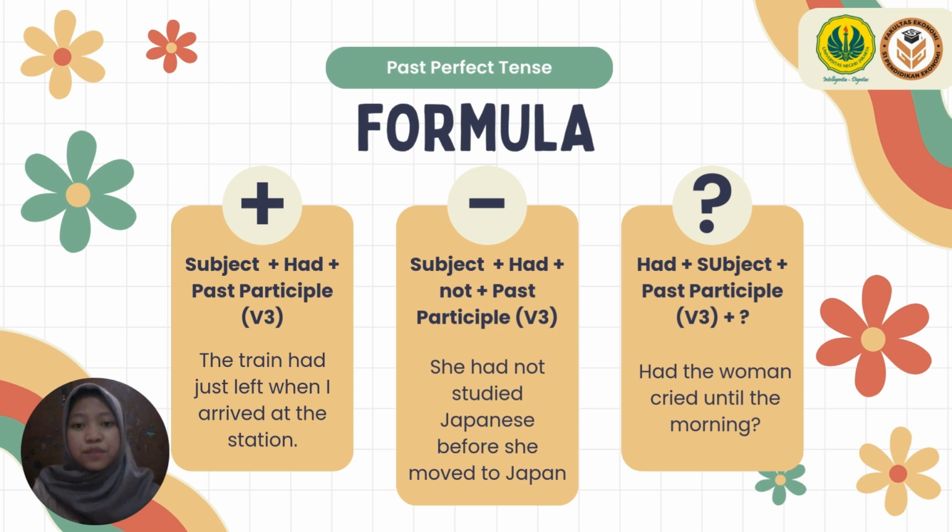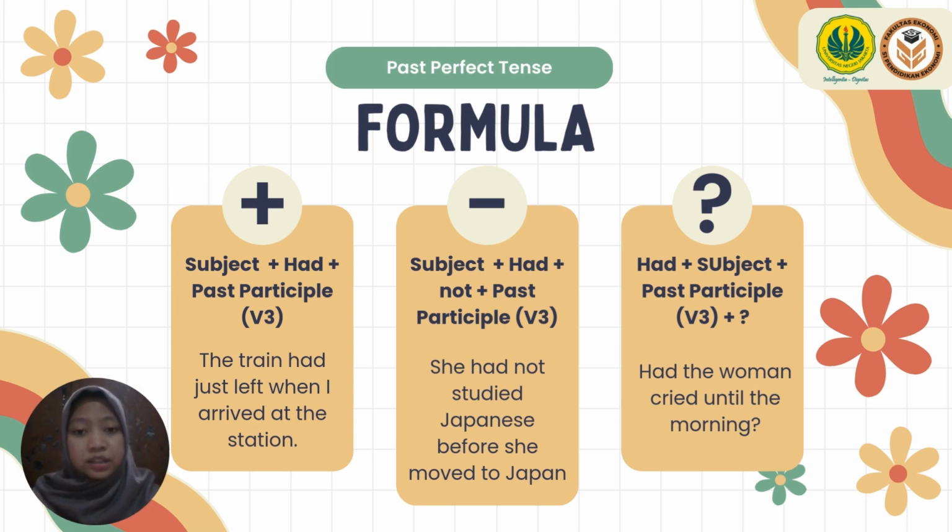And the last one is the formula of past perfect tense. In present perfect tense, we divide the subject into two: she, he, it use has, and I, you, we, they use have. In past perfect tense, we only use had for all subjects. So for the positive sentence, we use subject plus had plus past participle or verb 3. For example, the train had just left when I arrived at the station.